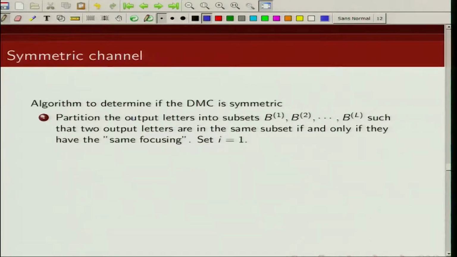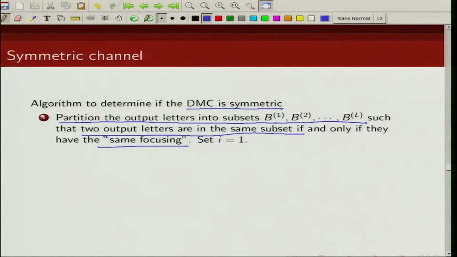We are describing the algorithm to determine whether a discrete memoryless channel is a symmetric channel or not, and a symmetric channel can be partitioned into strongly symmetric channels. The first step is to partition the output letters into subsets B1, B2, up to BL such that two output letters are in the same subset if and only if they have the same focusing.